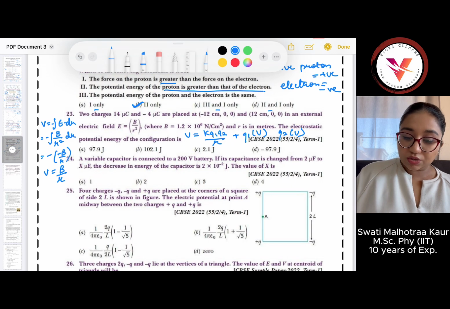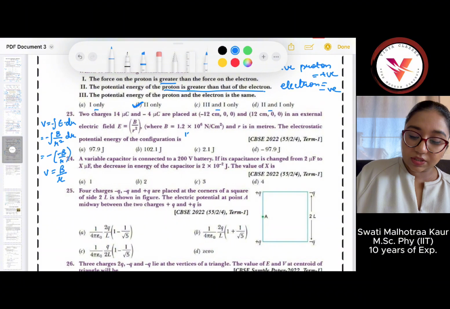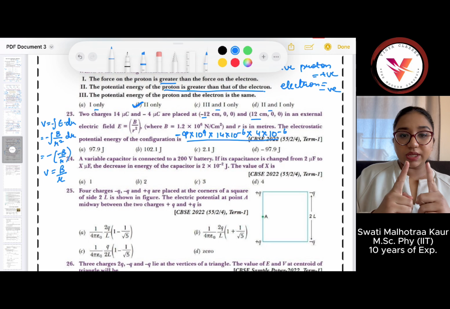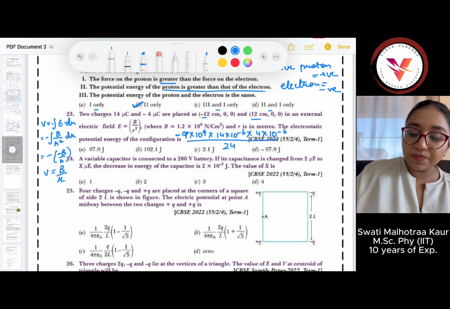Fine. So now let's calculate the individual components. First, K Q1 Q2 by R, that is 9 into 10 raised to the power 9, times Q1 Q2, which is 14 micro times 4 micro with a minus sign because one is negative, upon the distance. The distance between them is 24 centimeters because they are placed at 12 and minus 12, so in total 24 centimeters.